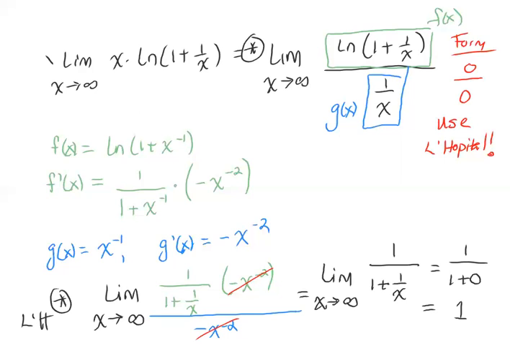Okay? So that was step 1. So step 1 told me that the limit as x approaches infinity of this function, x times the natural log of 1 plus 1 over x, I used L'Hopital's rule to show me that that limit is 1.